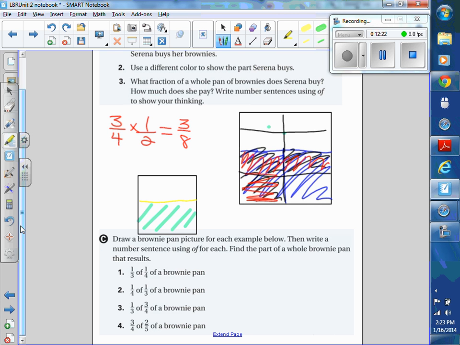He kind of did it like the allotment problem last week. You can put the lines in, even though you're only breaking the green part up into fourths, you could just break the whole square into fourths also. And then you've got it kind of divided up, just as a second option.